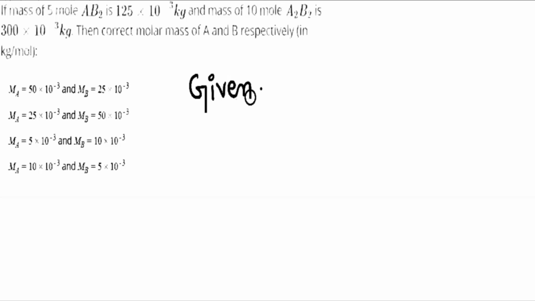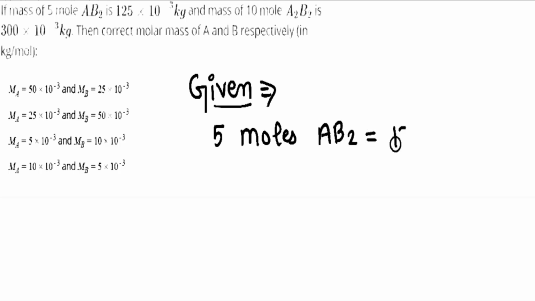We are given that the mass of 5 moles of AB2 is 125 milligrams. And what is a milligram? A milligram is 10 to the power minus 3 kilogram.